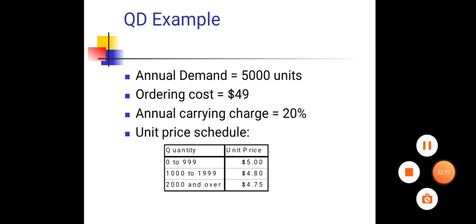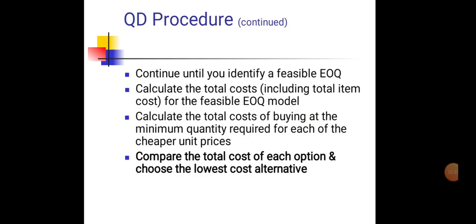In this way you can find the particular discount quantity. If you have any doubt, you can ask in the doubt clarification session, or you can also write your doubt in the chat box.